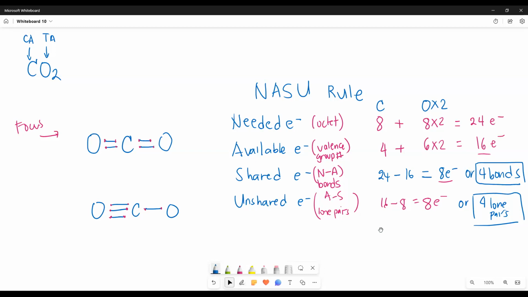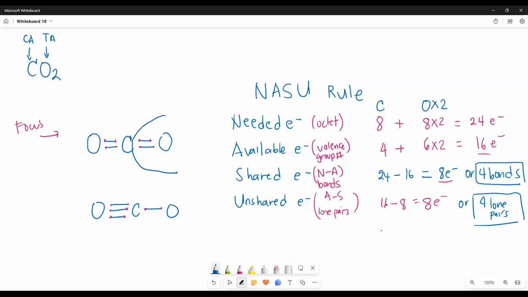Now my problem is, how will I distribute the lone pairs? I have 4 lone pairs. The rule here is to give the terminal atoms the lone pairs first. So, terminal first.